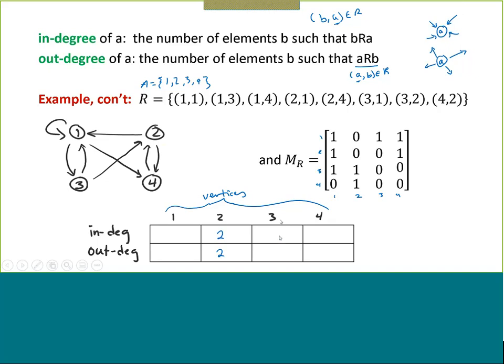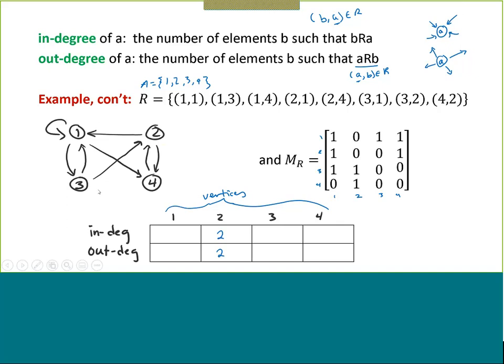Now, any guesses what the in and out degree of 3 is? So 3 is over here. So what do you guys think? What would be the in degree at 3? What would be the out degree at 3?